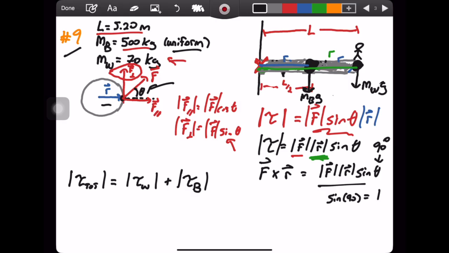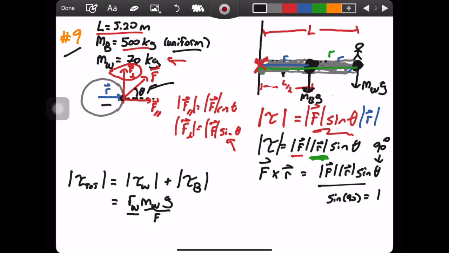So when the forces are perpendicular, the torque due to the weight of the worker standing a distance L away from the bolt, because the beam is of length L, is just whatever the radius of that worker is, RW I'll call it, and then the mass of the worker and G. This is just the force, which happens to be the force of gravity, and this is the distance from the axis of rotation to where the force is being applied.